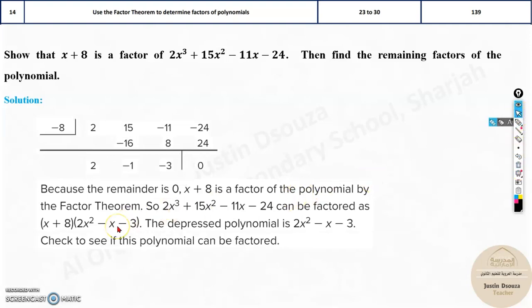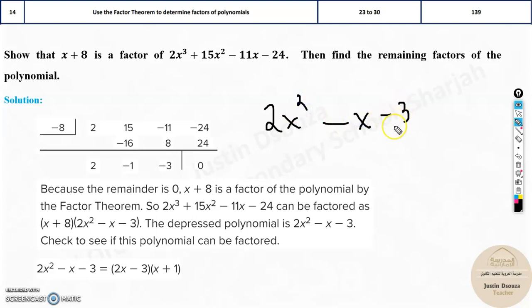Now you can simplify this further as well. The second part, over here, this factor. So now over here, this can be reduced into this. Now how they are doing it is basically splitting the term in the middle and taking common out. Now you have 2x squared minus x minus 3. Now this is a bit of a tricky method.